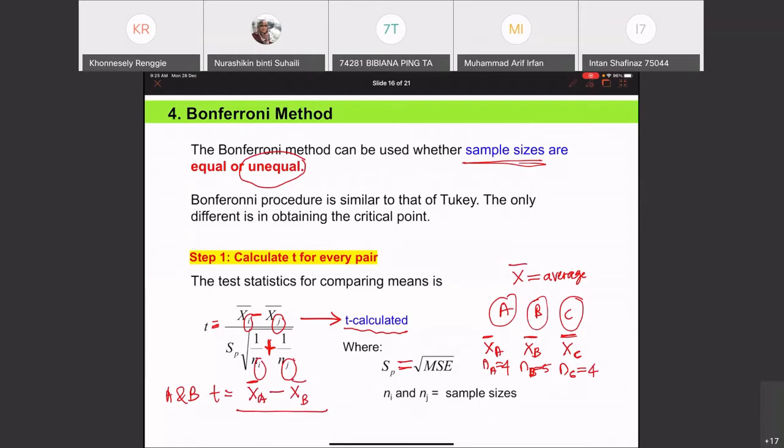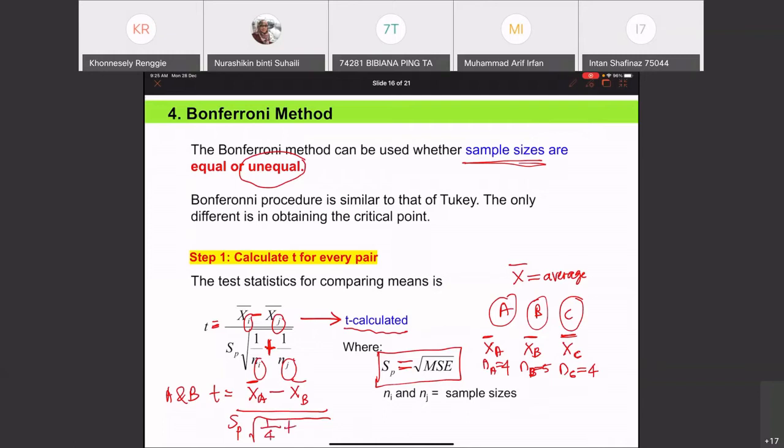And SP is the MSE, the value you got from the ANOVA table before, so SP is not affected. And for the values in the square root here, N_i is referring to N_A, which is 4, okay?